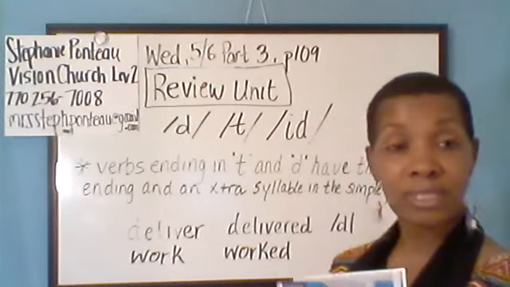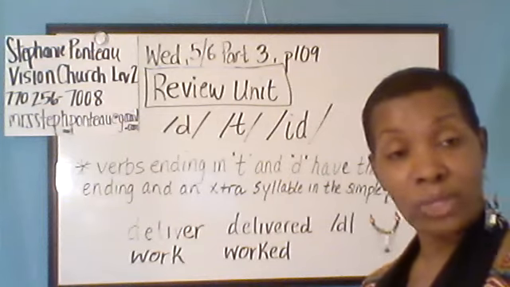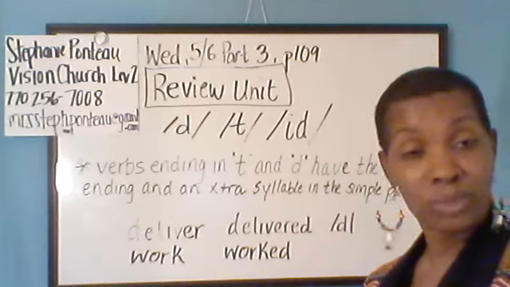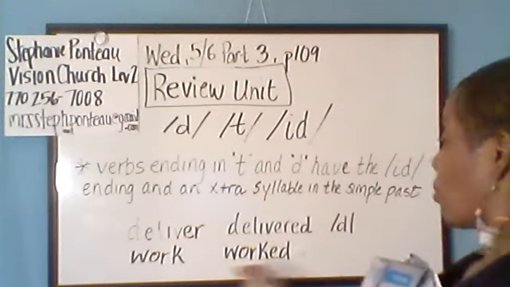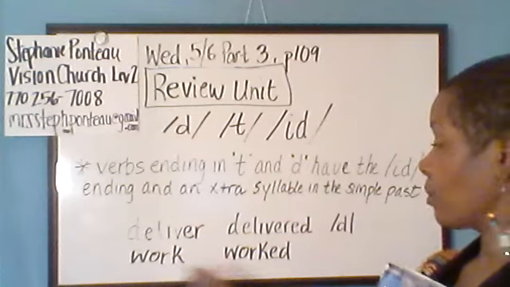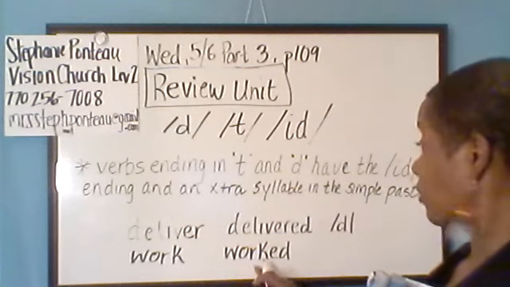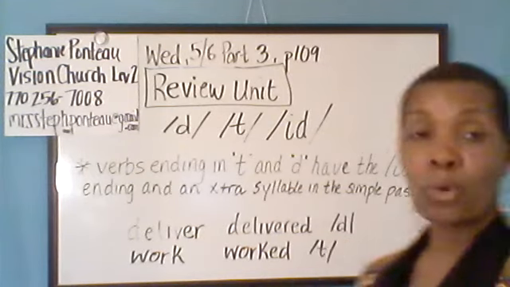He worked the night shift. Remember the picture of Marco? And outside the window was stars and the moon, and we knew it was night. He worked the night shift. So work is the verb. Worked is the verb in simple past, and it is the T sound.